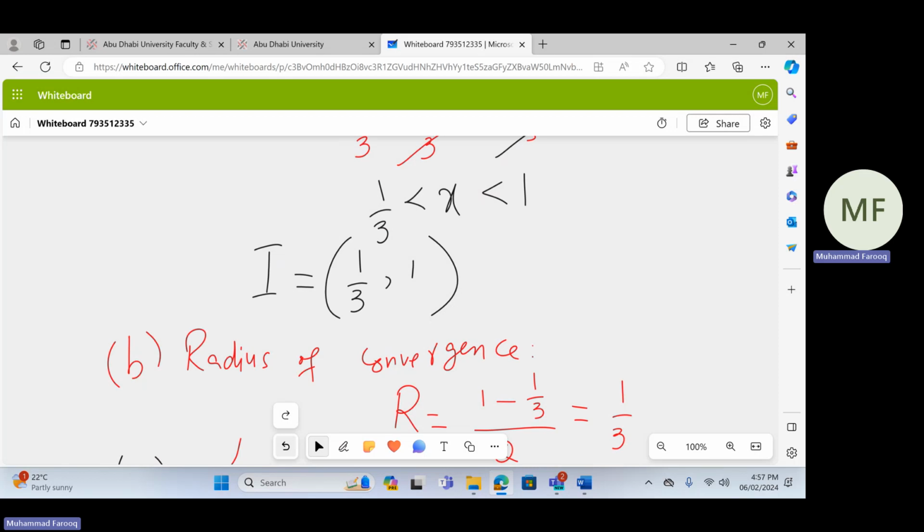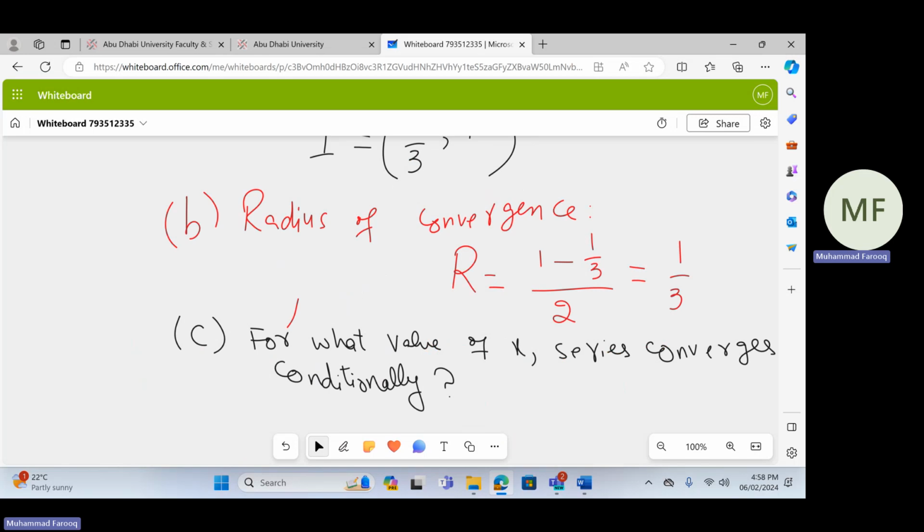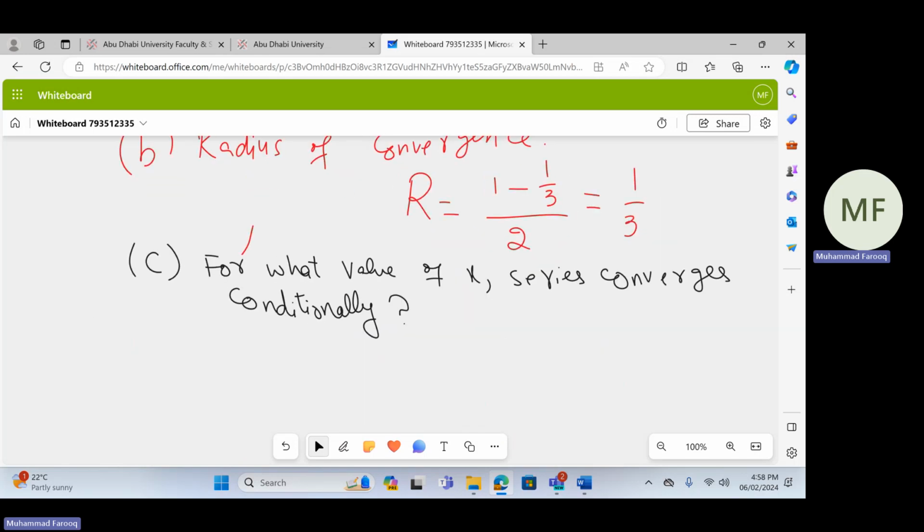Now I will tell you how to check conditional convergence. Means when we say the series converges conditionally, okay? Let me explain in detail, because our target is conditionally converges. So what is the rule?